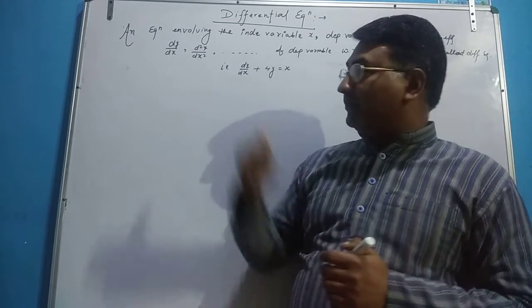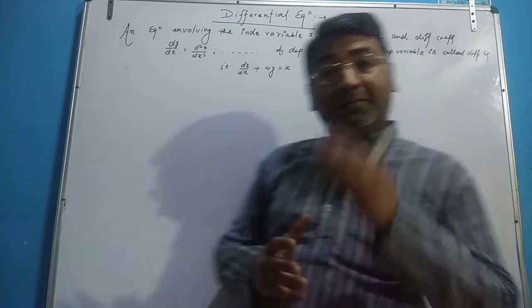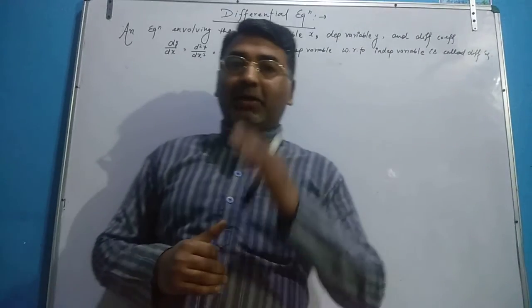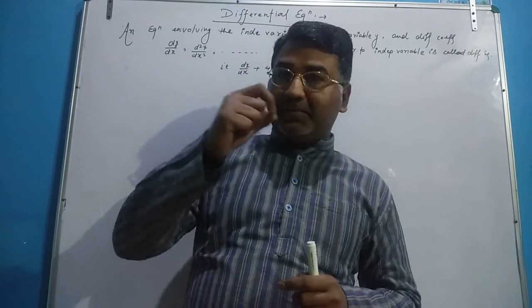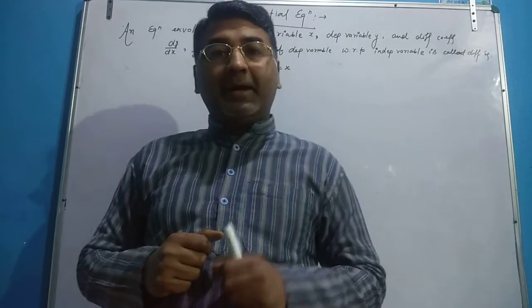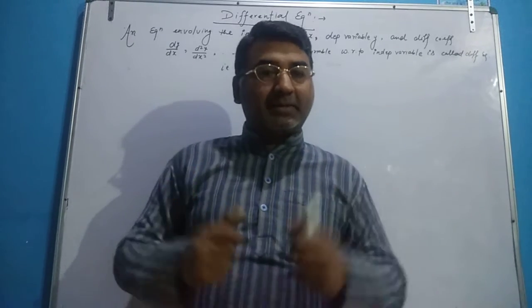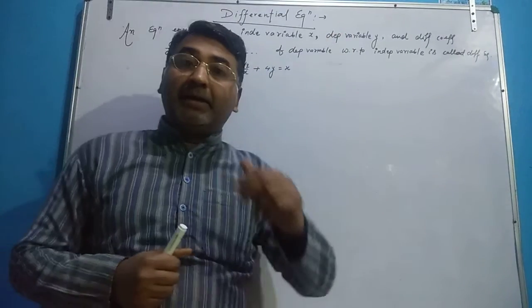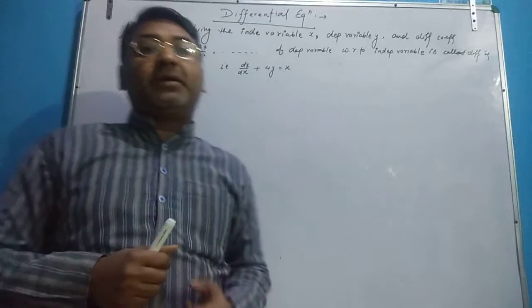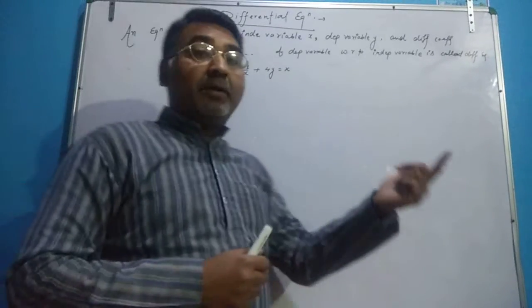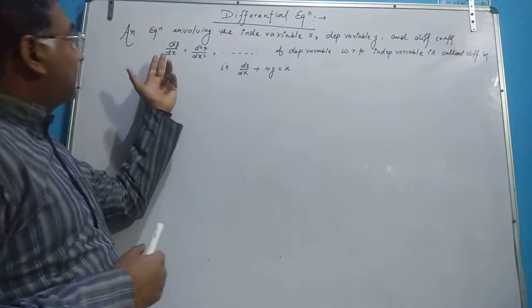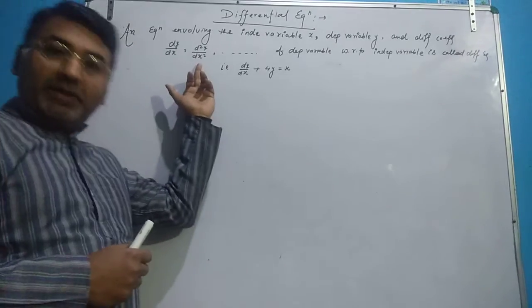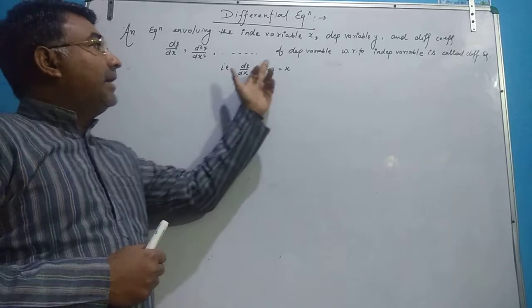Now let's start. A differential equation is an equation involving the independent variable, just like x, the dependent variable y, and the differential coefficients of the dependent variable with respect to x, such as dy by dx, d2y by dx square, and so on.